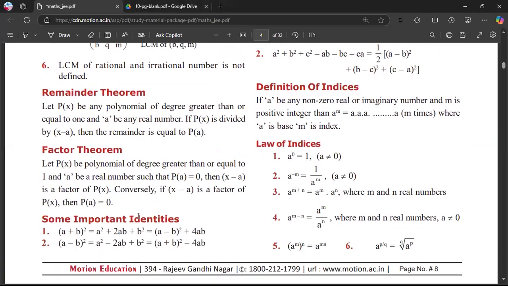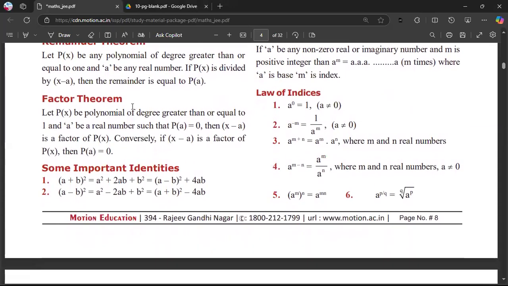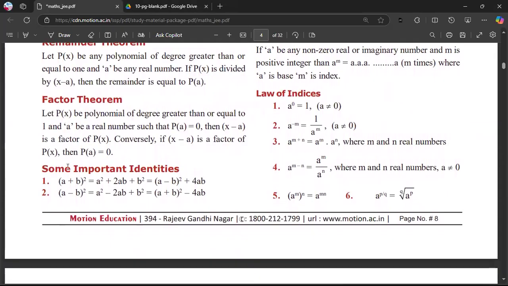So now we already discussed the remainder theorem. Let's discuss these identities which you are already aware of.